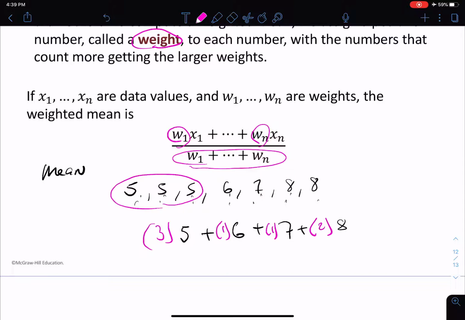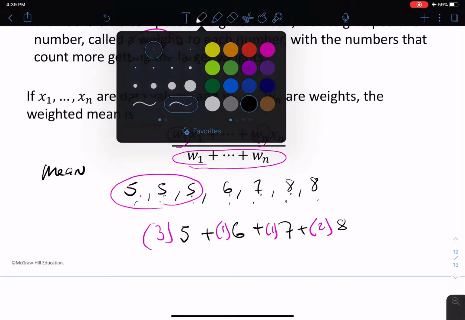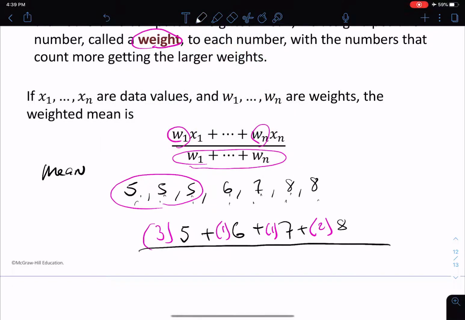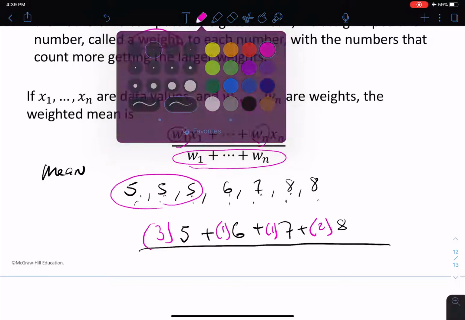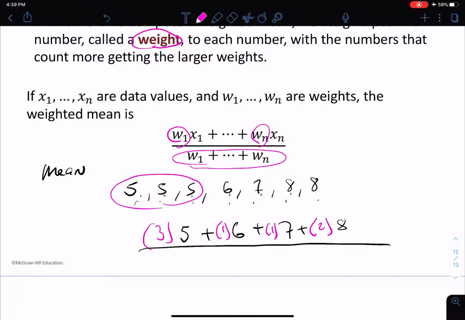So then I add up all those after I weighted them, and then it said divide by the number of weights. And so the number of weights here would be 3, 4, 5, 6, 7. So it's 7, which is still the same as up here. 1, 2, 3, 4, 5, 6, 7, right? 7 data points. So that is a weighted mean.